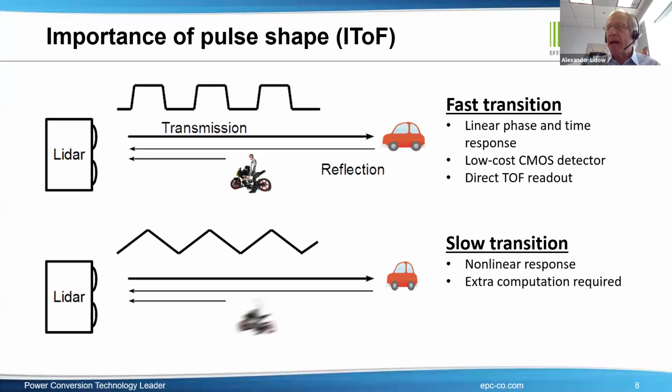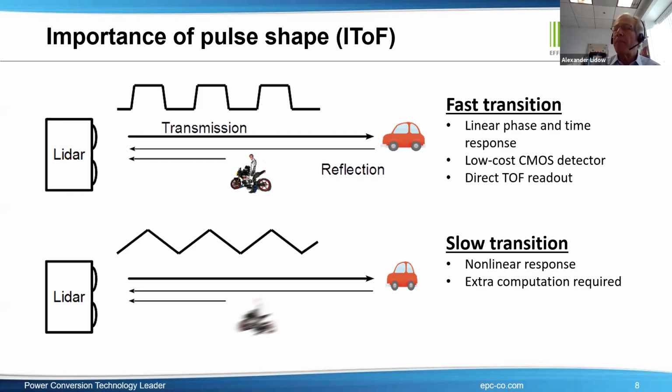Now, in indirect time of flight, where you're measuring objects that are close in, you have a pulse train, and this pulse train tends to be a burst of, hopefully close to square wave pulses of light. And when they come back, you subtract the incoming from the outgoing, and you get a pulse that's equal to the phase difference, which is proportional to the distance.